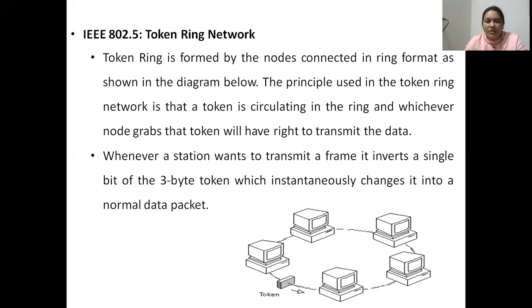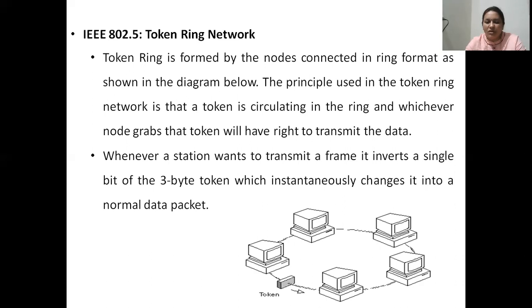Coming to the token ring network, it is identified by the IEEE 802.5 standard. The token ring connects the nodes on the network in a ring format as shown in this figure. A token keeps circulating in this ring of nodes.